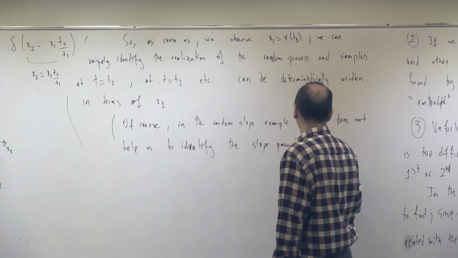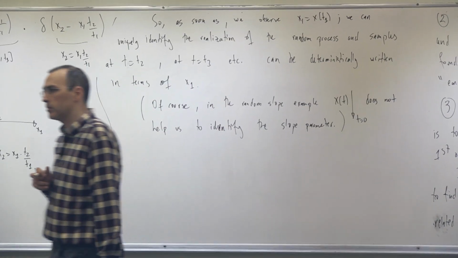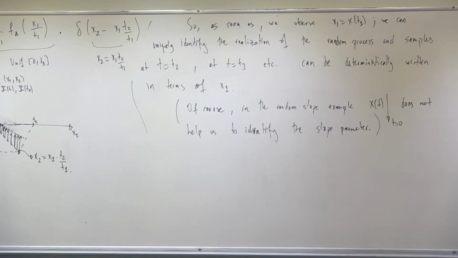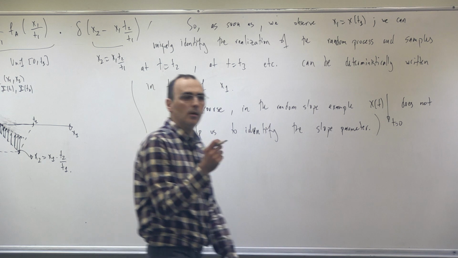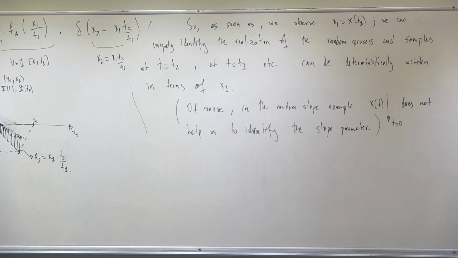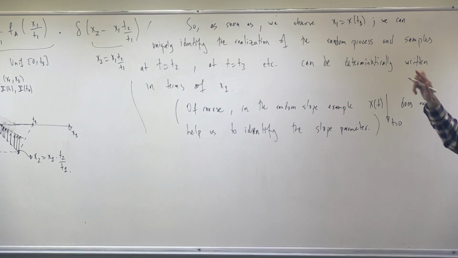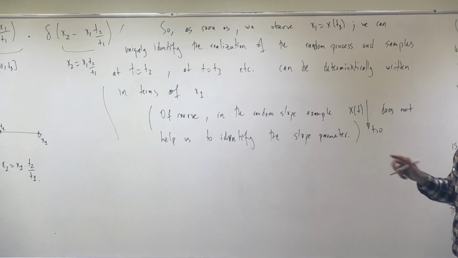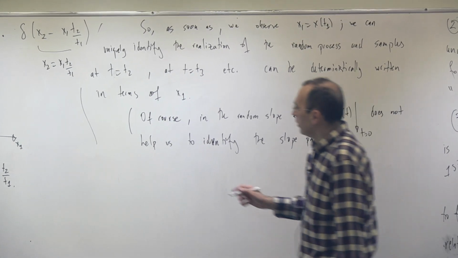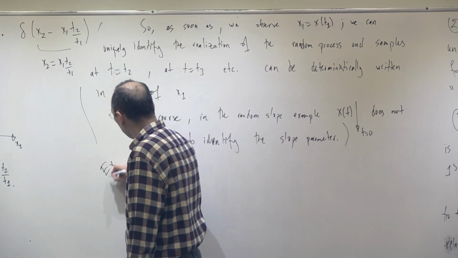So you see that there can be some special times good for identification, there can be some special times bad for identification, etc. So in this simple example, there was only one bad time. If you observe the signal at t is equal to 0, it's always 0, so you don't know anything about the outcome of that random experiment, because all realizations are passing from 0, as we have said before. Now, let me have an example.